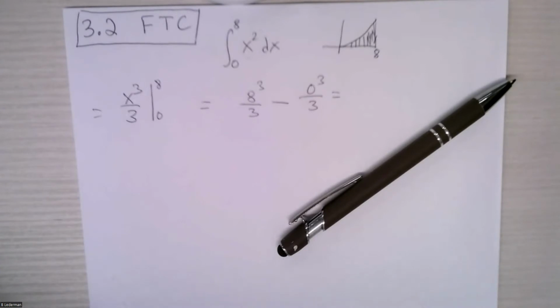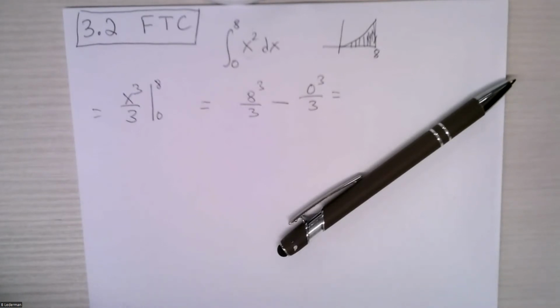Actually, I'm just going to check on my calculator here. 8 to the third is 512. I like that.